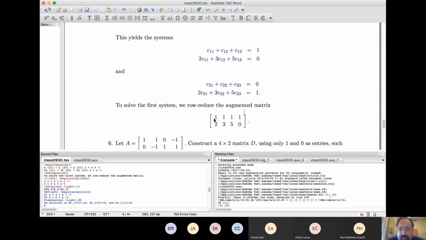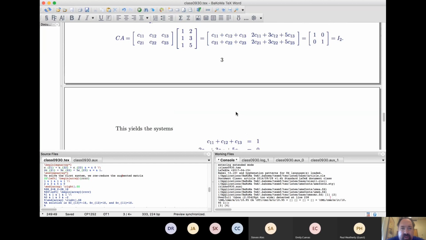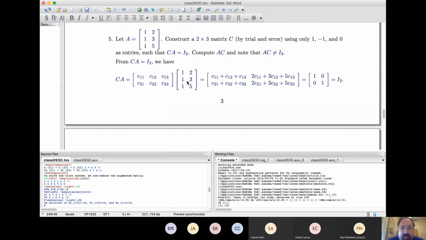We have this matrix right here. Can anyone tell me how this relates to the matrix A? Not equal to A, but what is it? Here's A right here.